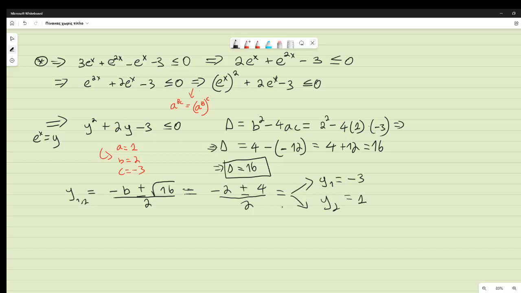So we have two solutions for our polynomial of second degree.